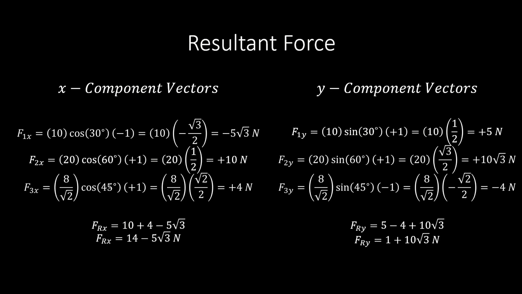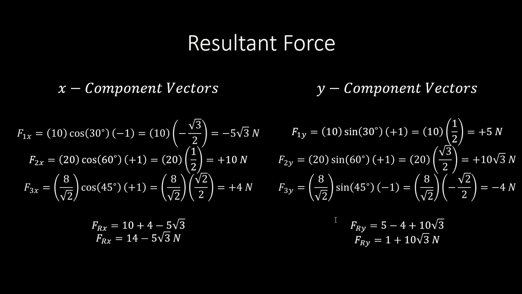Cosine of 45 degrees is just square root of 2 over 2, so the square roots of 2 cancel. 8 divided by 2 is 4. The +1 gives it a positive direction. If we add all those force components together, we get 10 plus 4 minus 5 square root of 3, or 14 minus 5 square root of 3 newtons.